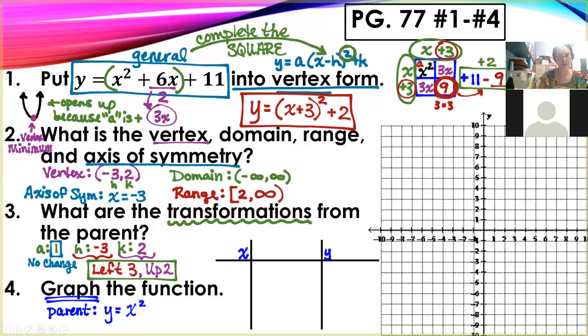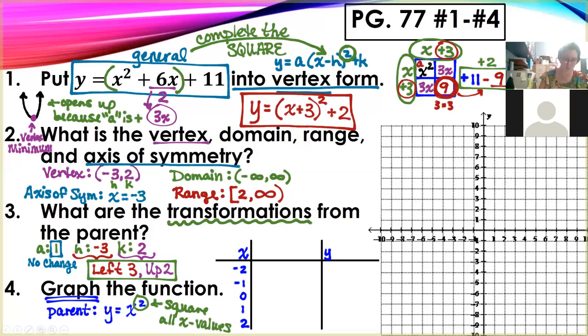And I have my 5 favorite x's that I like to choose: -2, -1, 0, 1, and 2. Then I look over at my parent function and the rule says I'm going to take my inputs and square them. So we're going to square all the x values.